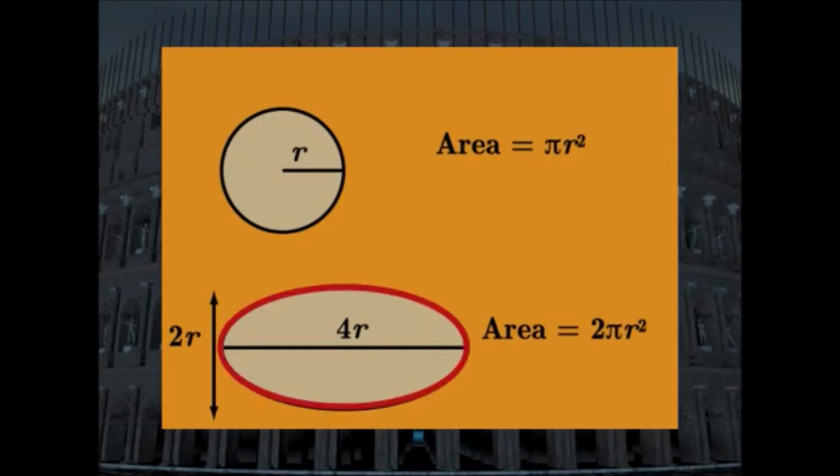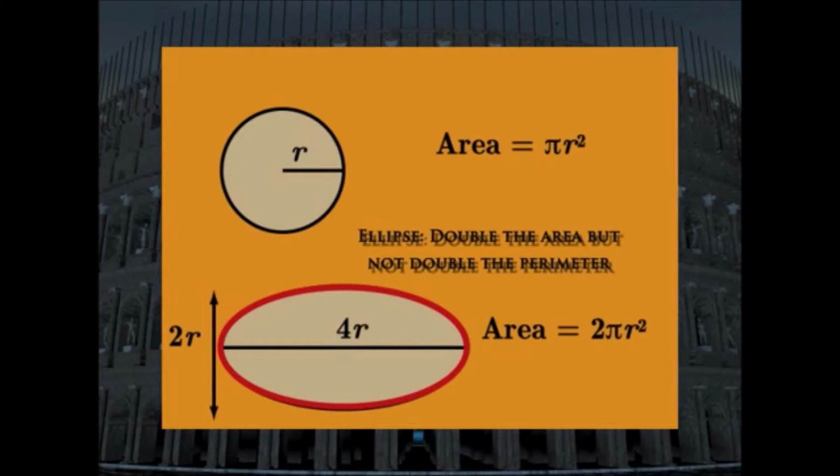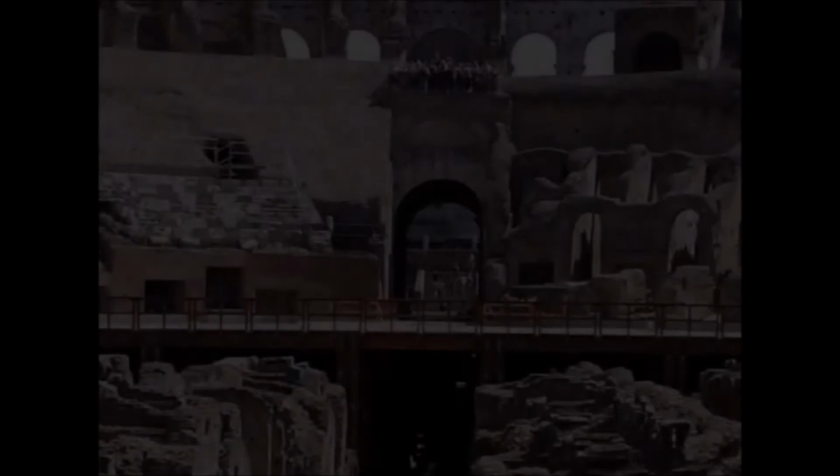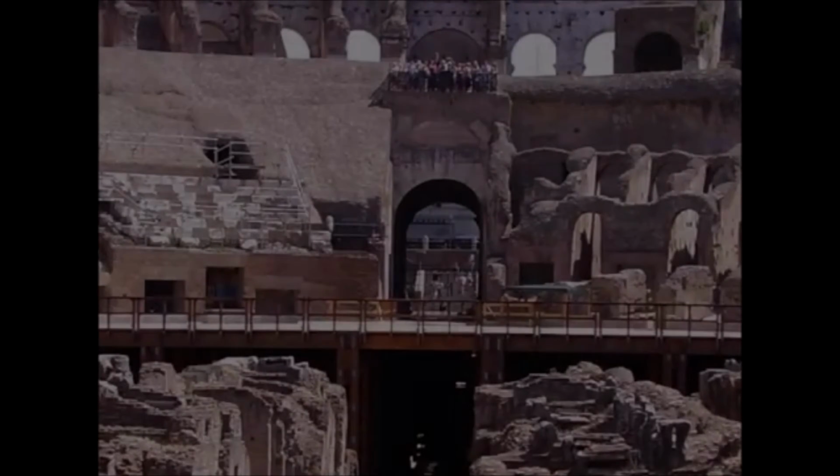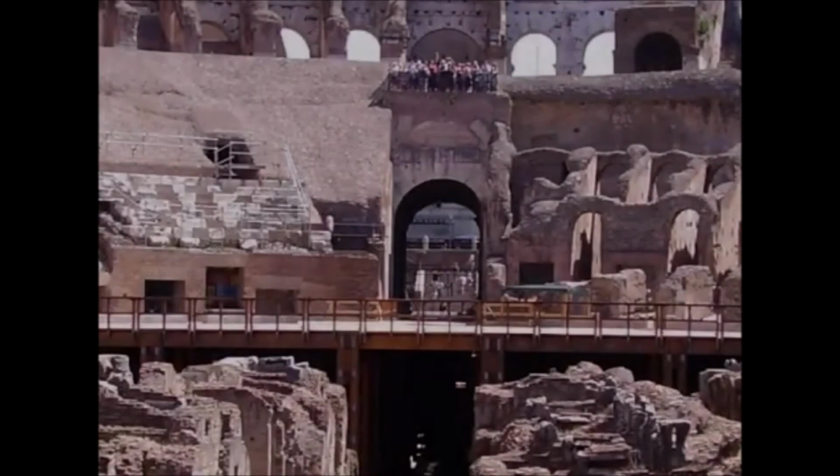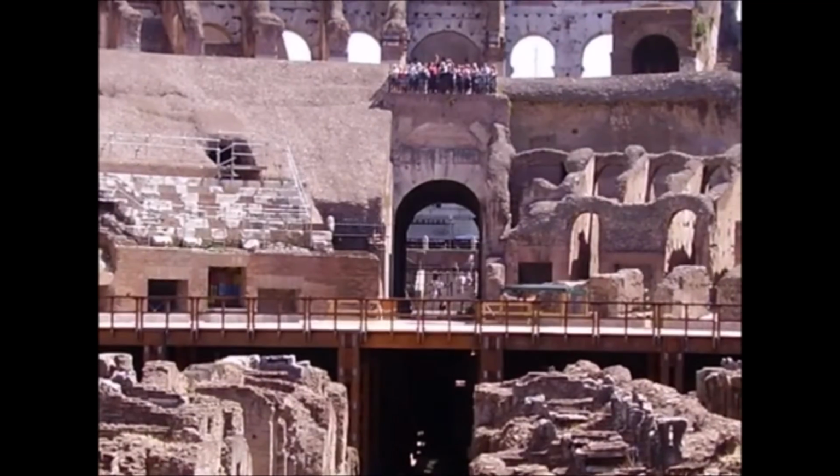The perimeter of the ellipse, on the other hand, is only 50% longer than that of the circle. This means that the cost of materials to build an elliptical structure of twice the area of the circle is not twice the cost. So there's an economical reason for building an elliptical structure.